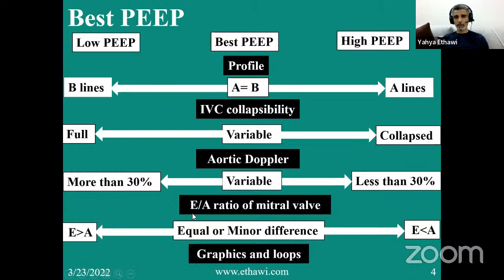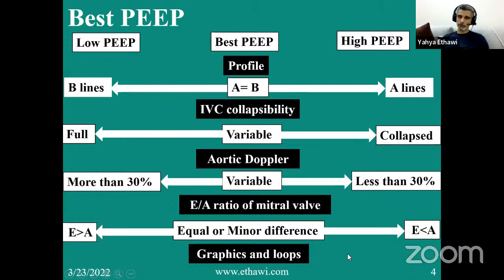Remember that the premature baby depends more on E, so always E more than A. In term babies, usually they are equal, but in adults A is more than E. However, if your E is less than A, that means the filling depends on atrial contraction, and you probably have high PEEP that impedes the preload, the blood coming back to the heart. And if your E is more than A, of course, you can also use the graphics and loops. There are many indications that you are in a safe zone and at the best PEEP.